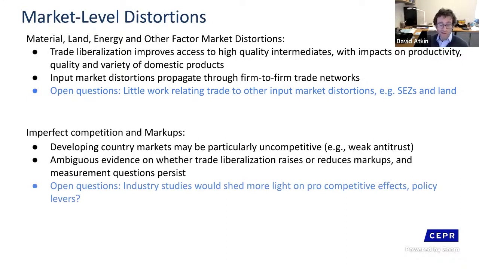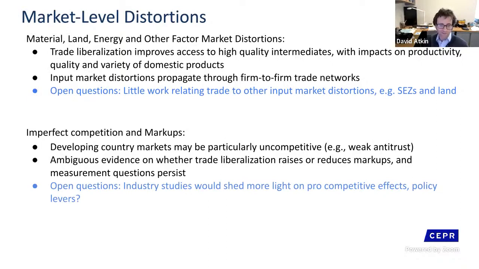We're also starting to learn, using the rich firm-to-firm transaction data that's becoming available in several countries, how input market distortions can propagate through firm-to-firm trade networks, and to think about where these distortions might be most important, and so where policymakers might want to attempt to reduce these distortions the most.